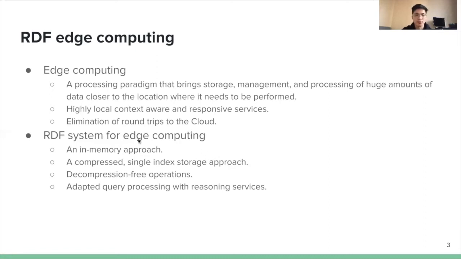The third one is that this system should support decompression-free operations, which can accelerate the core processing. The last one is that this system should have adapted core processing with reasoning services.